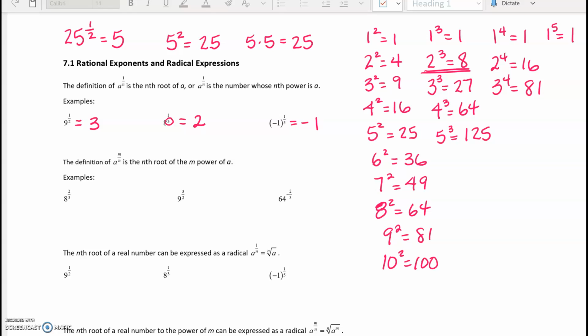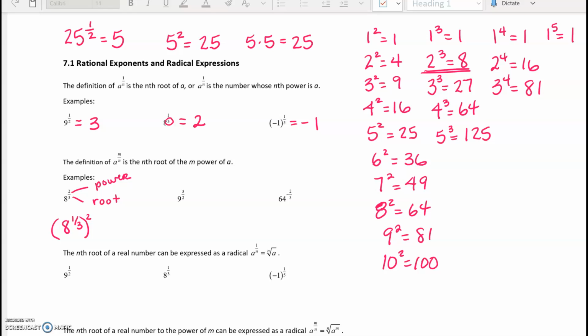Then when we do more than just have a 1/3, 1/2, 1/4, and so on, when we actually put a power on top, this number is the power, and this number is the root. And you can do these in any order, but I highly recommend that you do the root first and then the power.